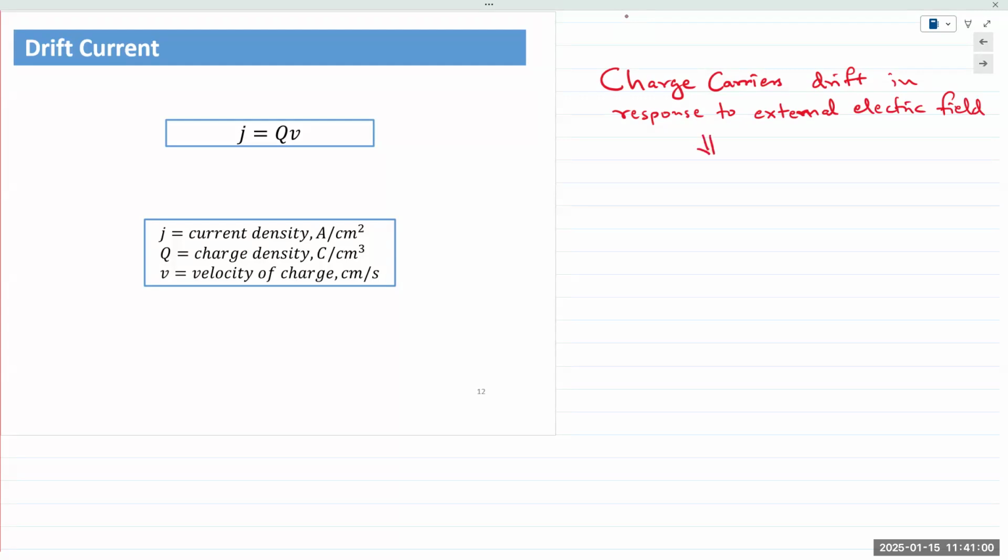So this drift is termed drift current. That current density J is defined as Q times V, in amps per centimeter squared.